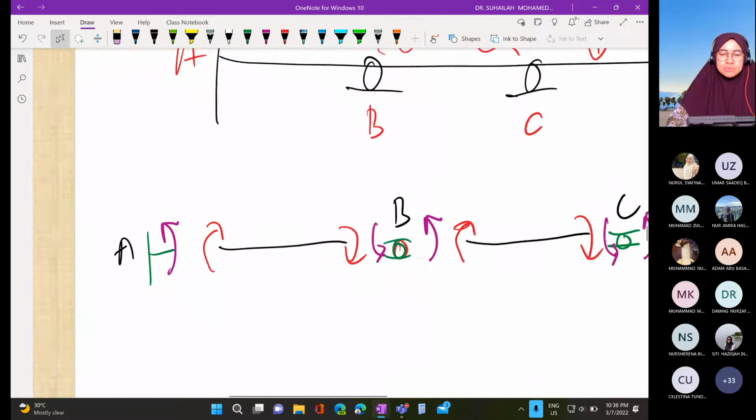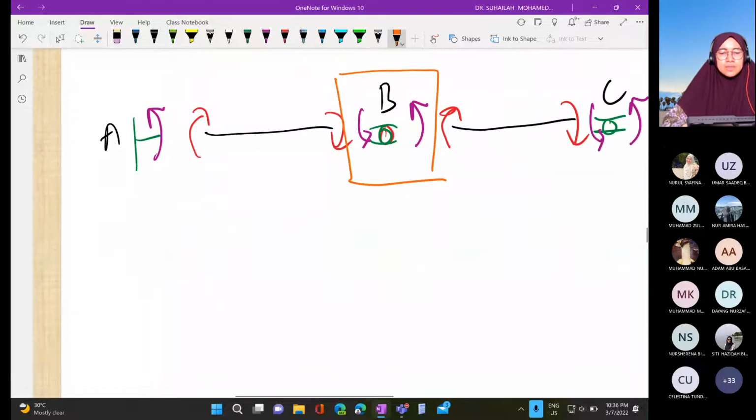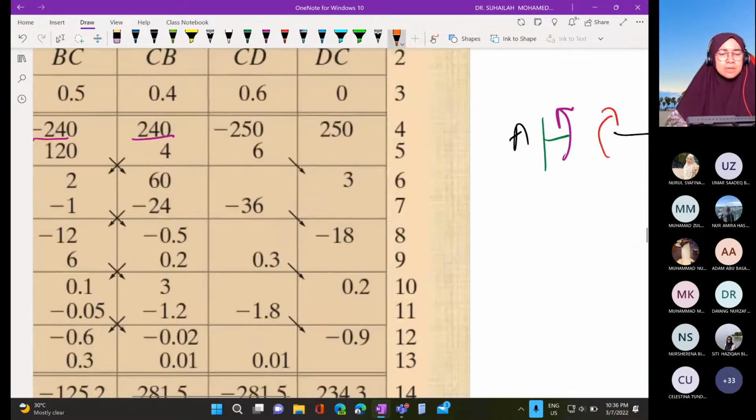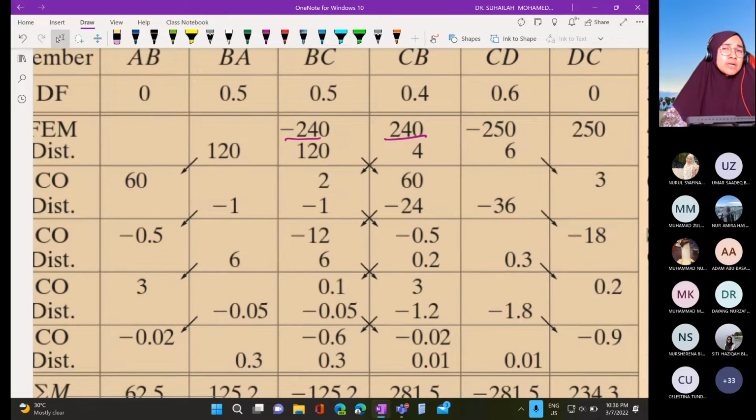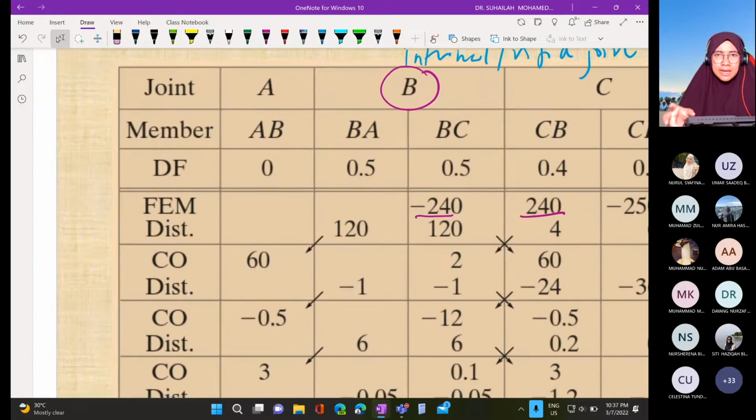Dekat B tu. So at B dekat sini 240 is the joint moment. 240 is the joint moment, not negative 240. Joint moment is opposite with member end moment. Ikutlah macam mana cara you nak ingat. Tetapi the concept is like that.